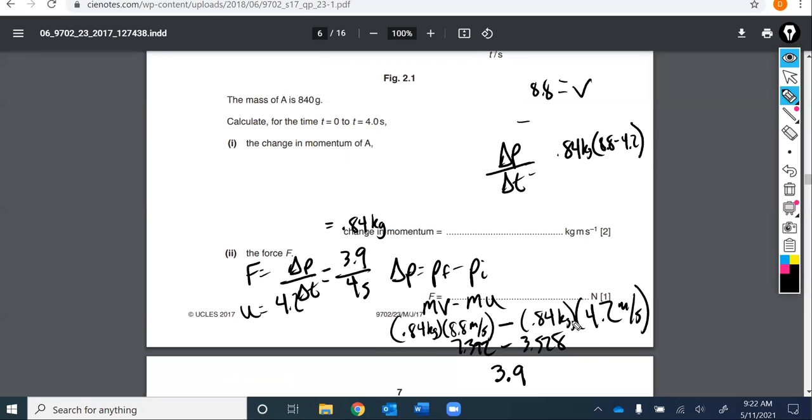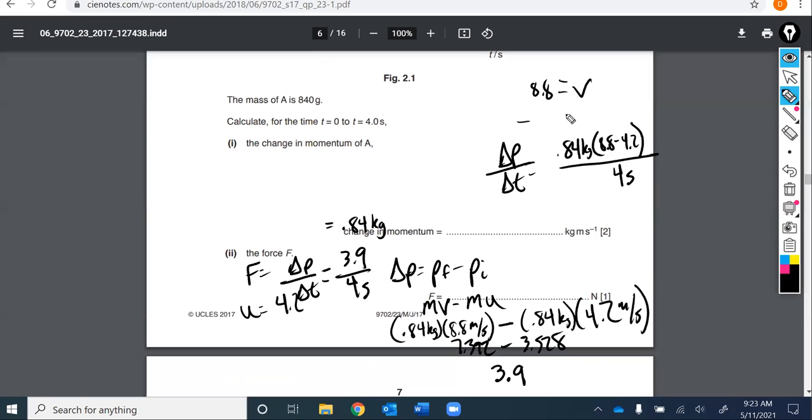So it's the same working we did down here. I just factored out the common mass. If I then divide this by delta T, there's my 4 seconds of time. Remember, it went from 0 seconds when it was going 4.2 meters per second. 4 seconds later, it was going 8.8. So that's the change in velocity over time. The rate of change of velocity is acceleration. So this calculation right here is the acceleration.